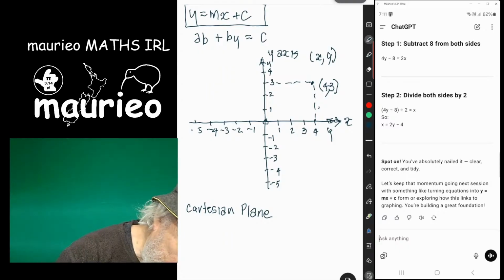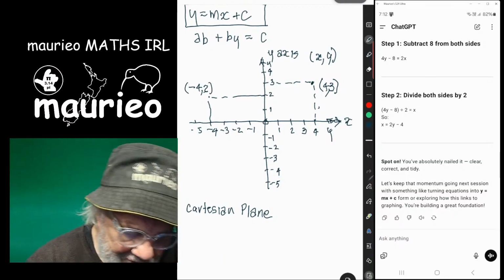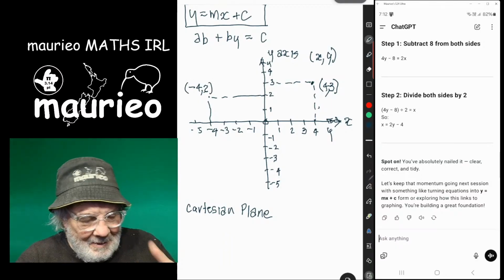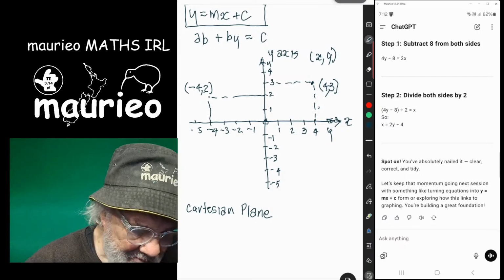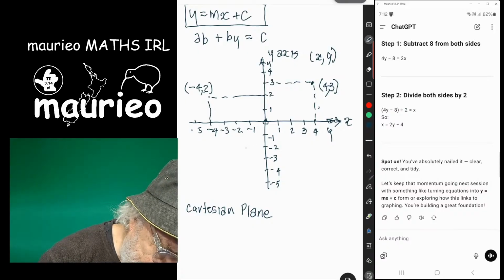So if we had a point over here, this point here, that would be the point -4, 2. X is always first, and then y. We could have a point down here.